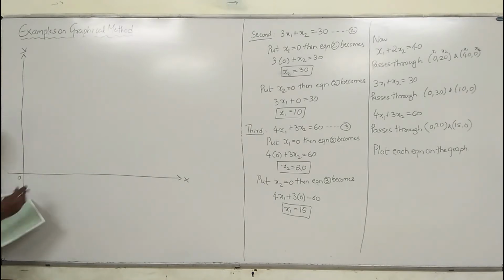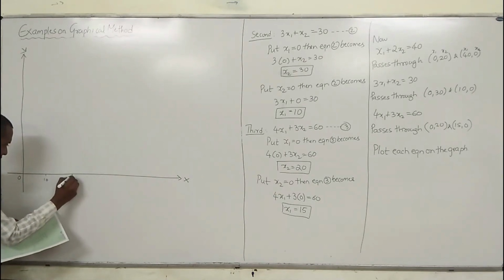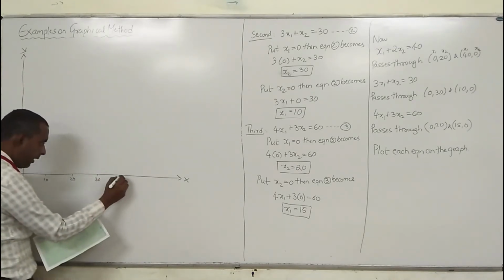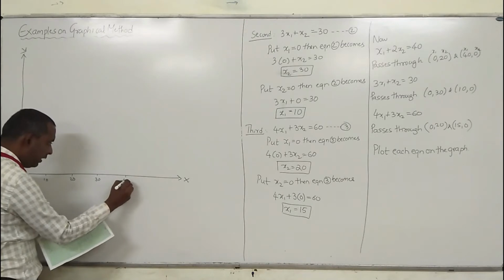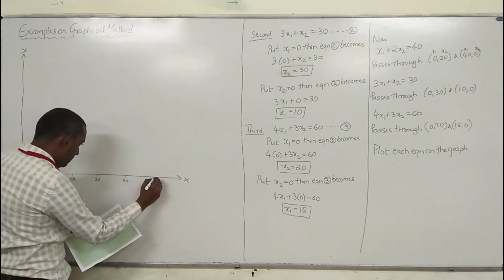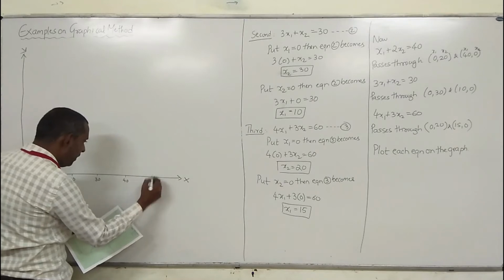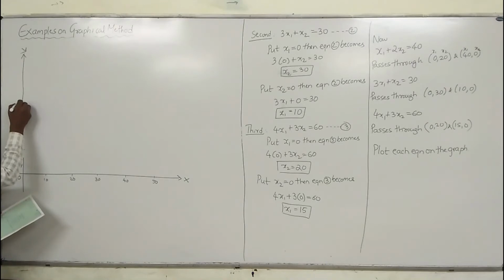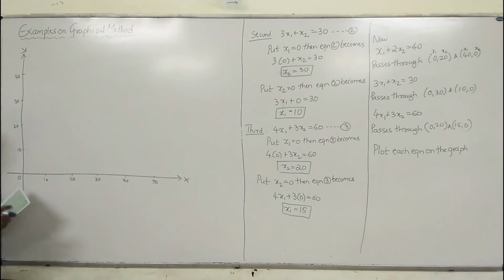So let me make that 10, then it is 20, then 30, then 40, then I think it is 50, and so on. Again it comes here 10, 20, 30, 40. So these are the lines.